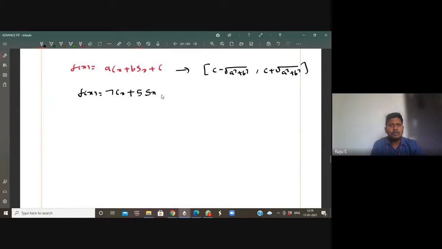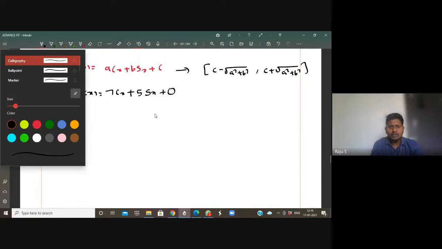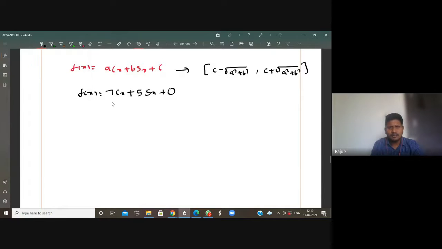So what about the c value here? C value is 0. Shall I take the range as 0 minus root over 7 square plus 5 square, less than or equal to 7 cos x plus 5 sin x, less than or equal to 0 plus root over 7 square plus 5 square?